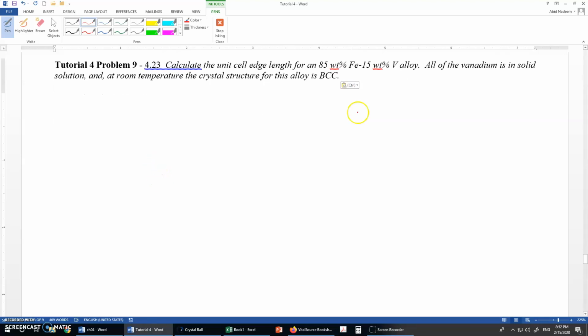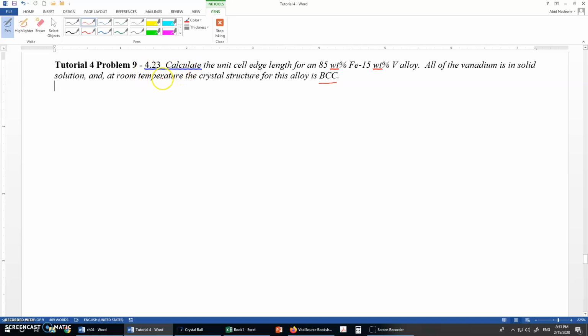Problem 9. Calculate the unit cell edge length for an 85 weight percent iron, 15 weight percent vanadium alloy. All the vanadium is in solid solution, and at room temperature the crystal structure for this alloy is BCC.